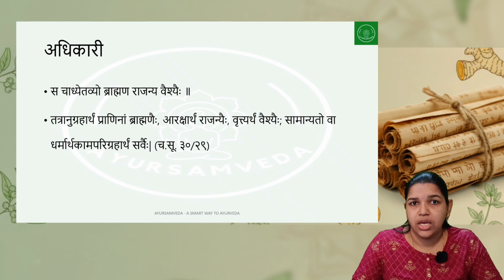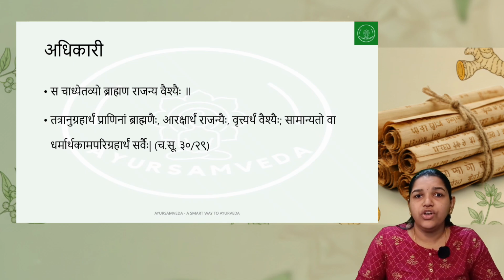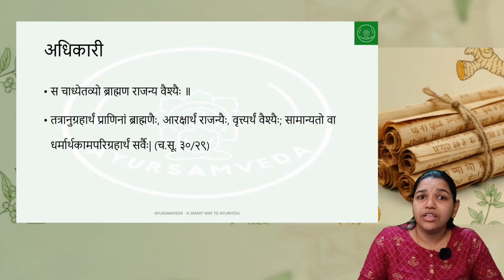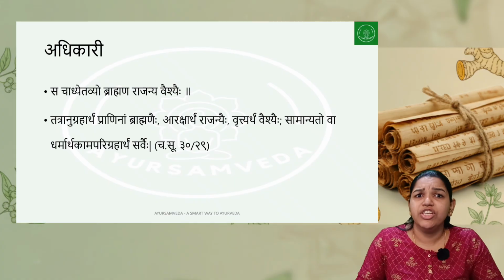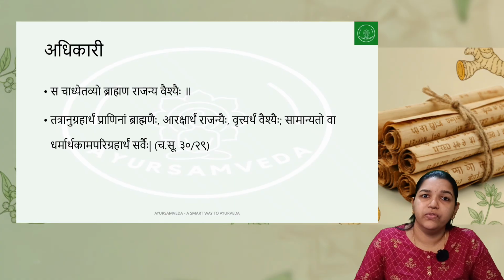Arakshartham rajanehi. The king has to study this science for arakshartham, that is, in order to protect his servants, or his people. Vrittyartham vaishyehi. The Vaishya has to study Ayurveda as an occupation. And samanyato va dharma artha kama parigrahartham sarvehi.